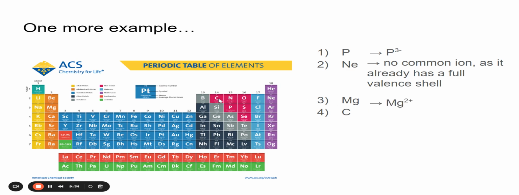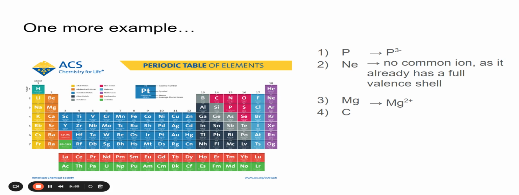And then carbon. Now this is a sneaky one because number 1, carbon doesn't really form a lot of ions. So if it were to form an ion, it is in column 14, so it's got 4 valence electrons.